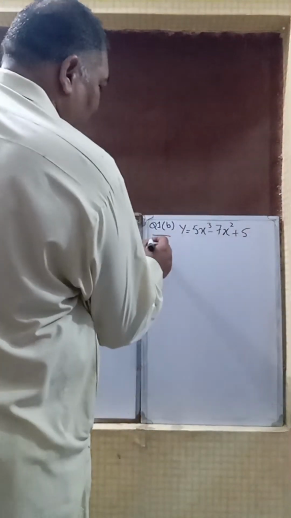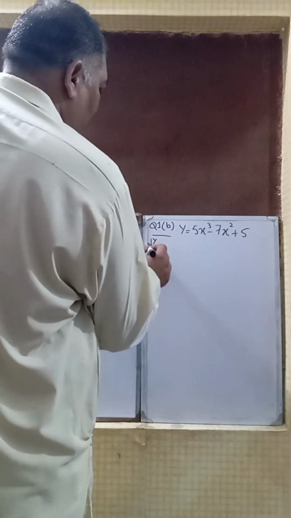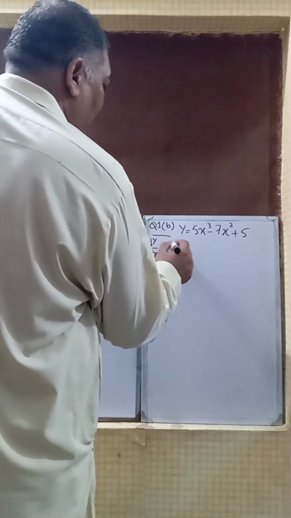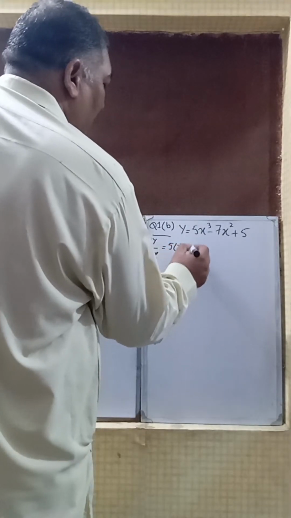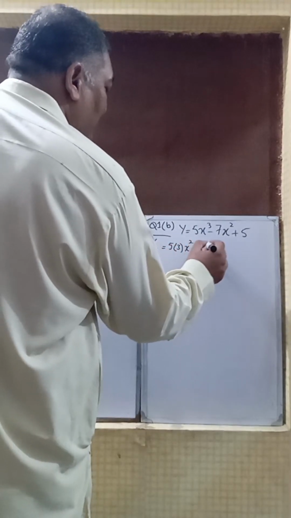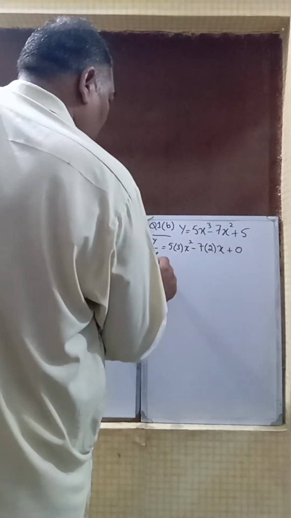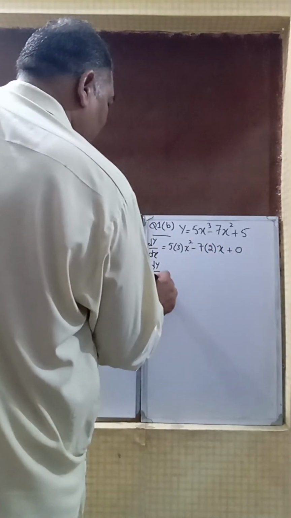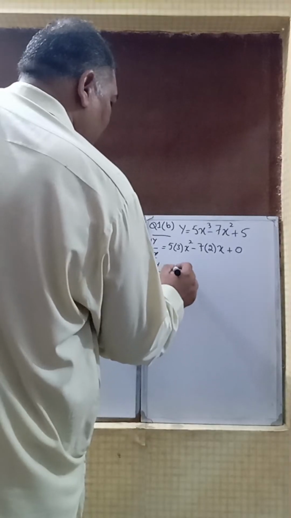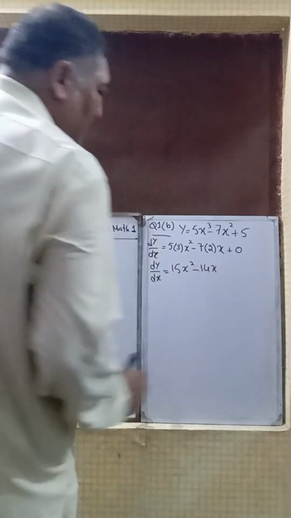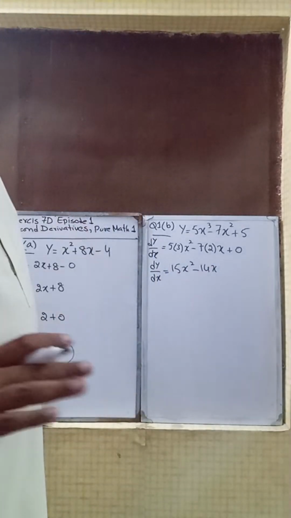So first of all, I will find the first derivative, dy by dx, and that will be equal to 5 into 3 x raised to power 2 minus 7 into 2 into x plus 0. So dy by dx will be 15x square minus 14x. This is my first derivative.